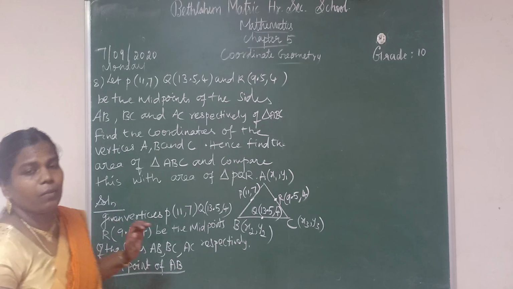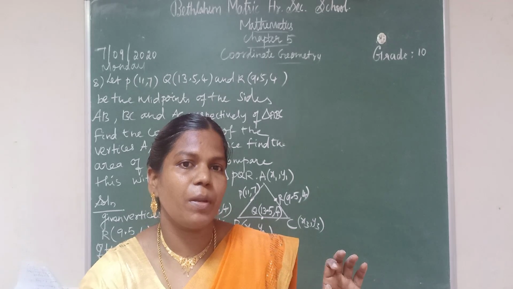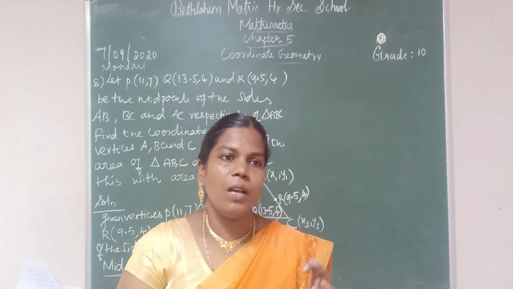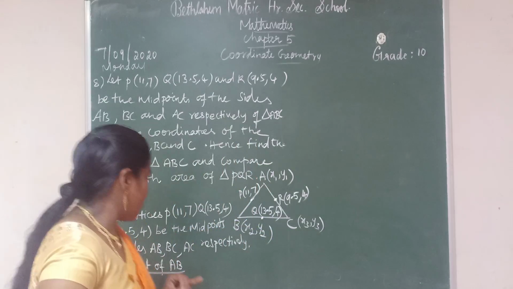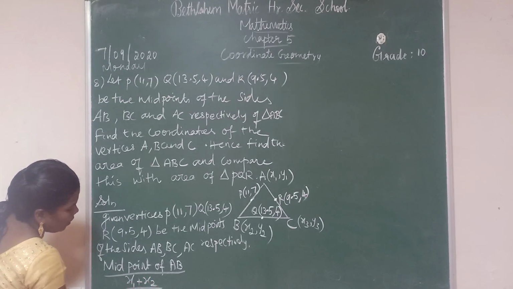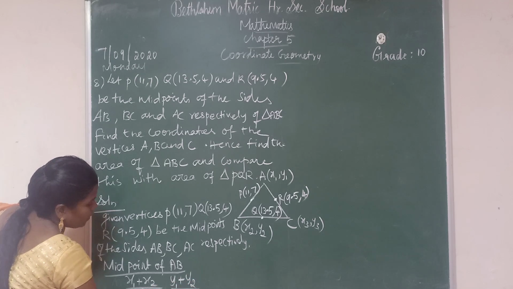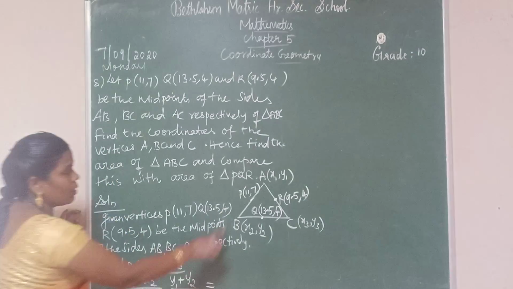What is the midpoint formula? Do you remember? When two points are there and we are asked to find the midpoint, which formula do we use? I already taught it. The midpoint of AB is ((x1 plus x2) by 2, (y1 plus y2) by 2), which is equal to the given midpoint (11, 7).